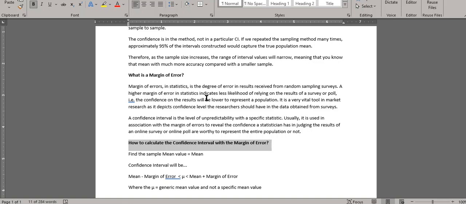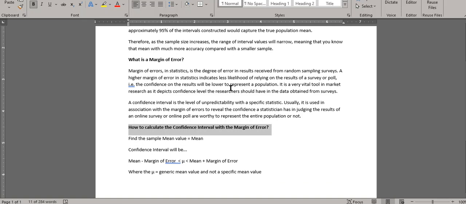It is a very vital tool in market research as it depicts the confidence level the researchers should have in the data obtained from surveys. A confidence interval is the level of unpredictability with a specific statistic. Usually it is used and associated with the margin of error to reveal the confidence a statistician has in judging the results of an online survey or poll and whether they're worthy to represent the entire population or not.